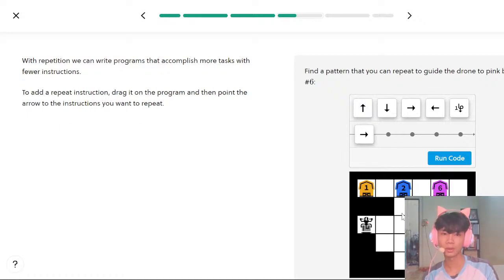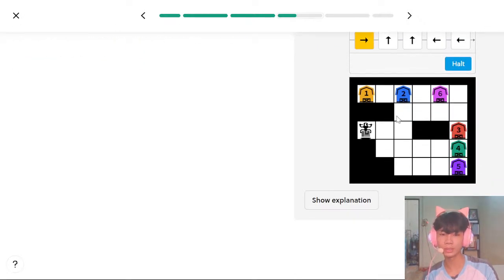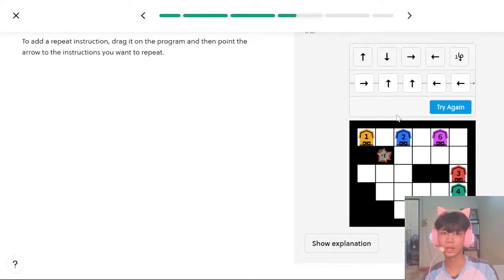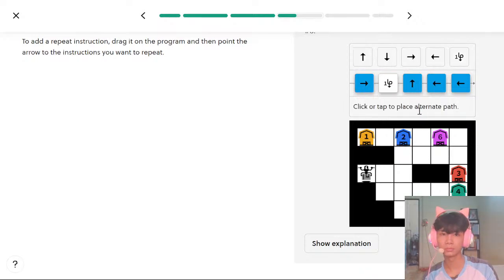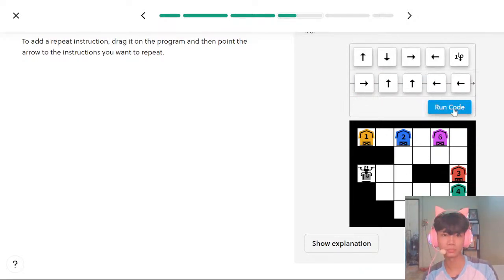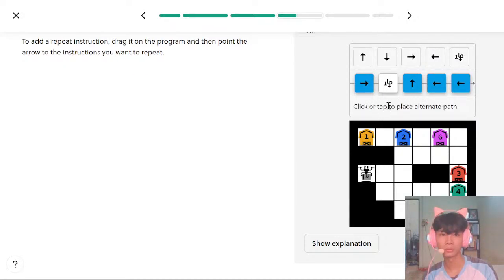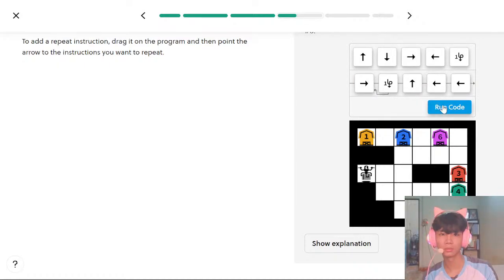We are now here. We need to go up 2 blocks and go to the left 2 blocks. So easy, super easy. Oh, come on.